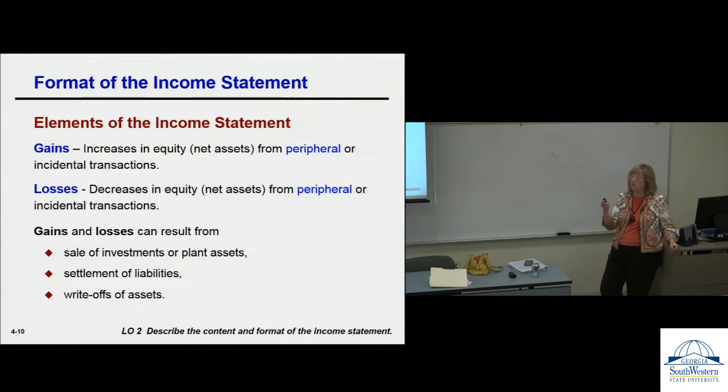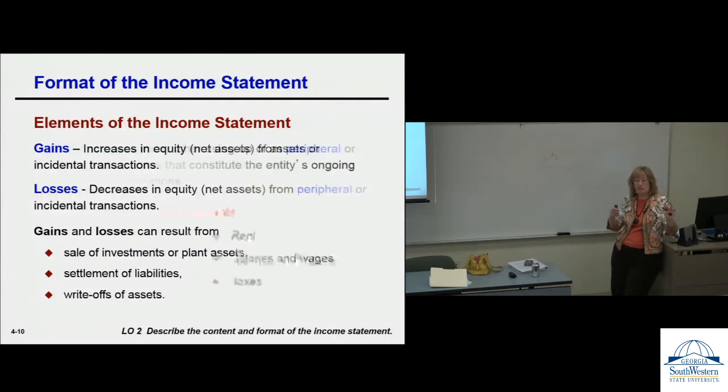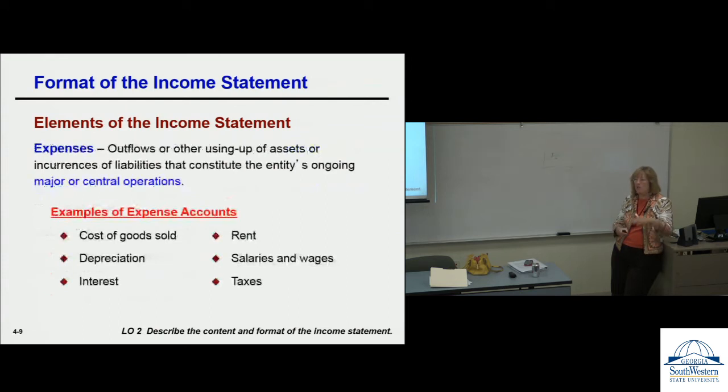Revenues and gains, and expenses and losses. So here you see gains and losses right here. These are the 4 elements that pertain to the income statement. Remember, some of the elements pertain to the balance sheet, but there are 4 elements that pertain to the income statement. And those are revenues, expenses, gains, and losses.